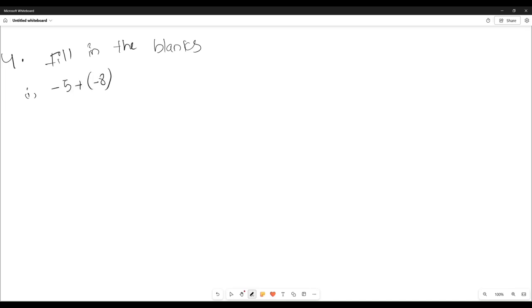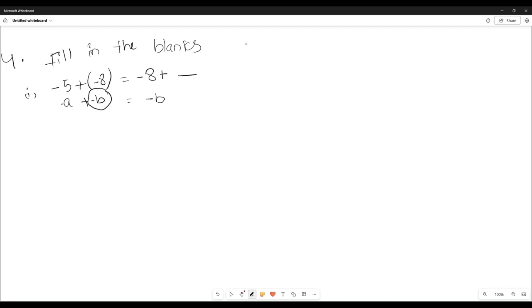The first question is minus 5 plus minus 8 equals to minus 8 plus blank. So we have to fill that blank. It is looking like A plus B equals to B plus A. But here they have given it in negative sign, so I am writing minus A plus minus B. So here minus B is there.